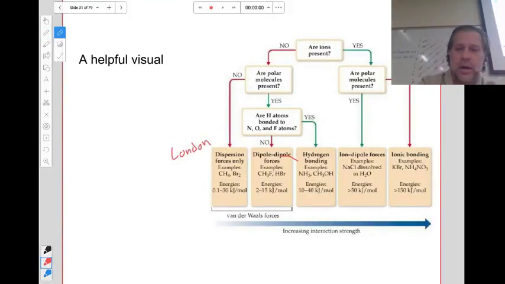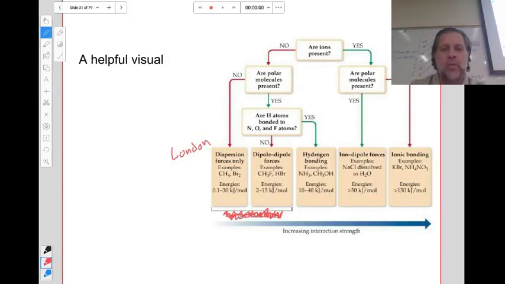If there are polar molecules present, then the question is, are hydrogen atoms bonded to oxygen, nitrogen, or fluorine? If there are, then hydrogen bonding is present. If there are not, then it's just dipole-dipole. This whole business about van der Waals forces down here is something that used to be really important in chemistry, and it's not quite as important anymore.